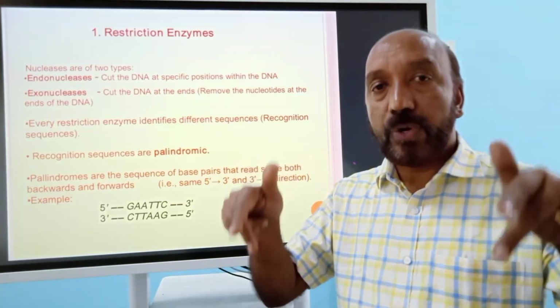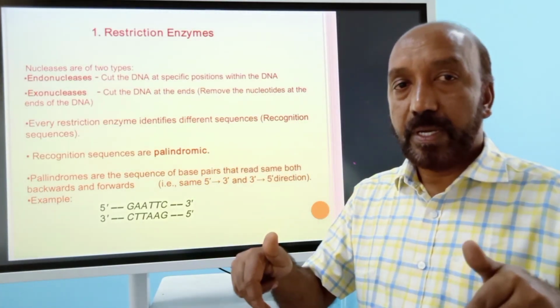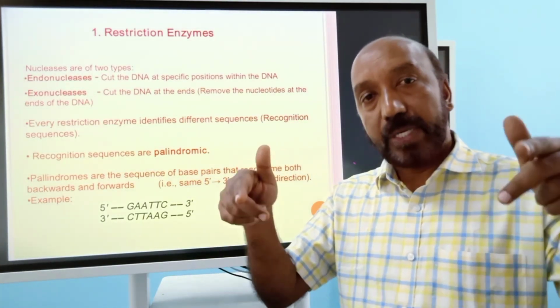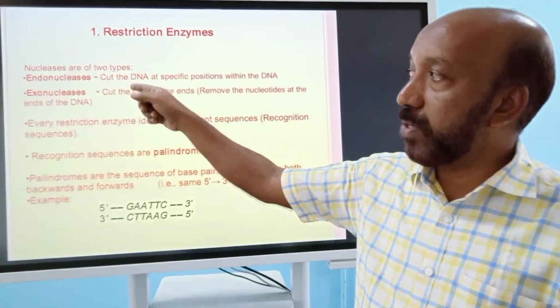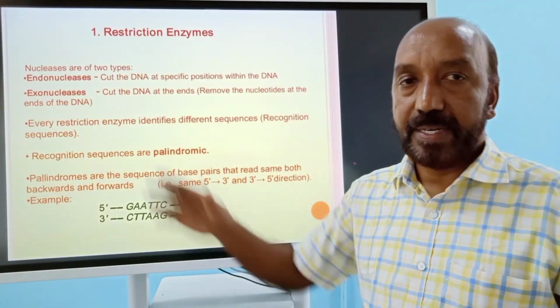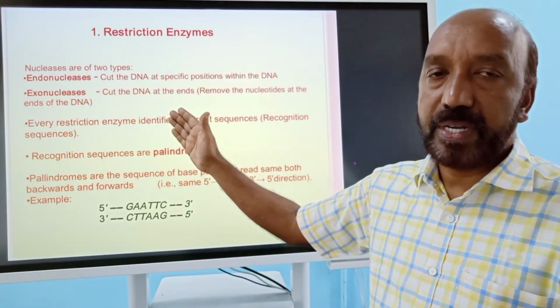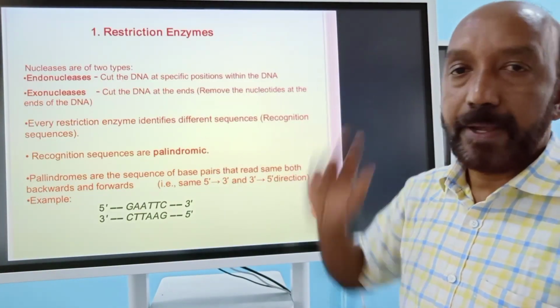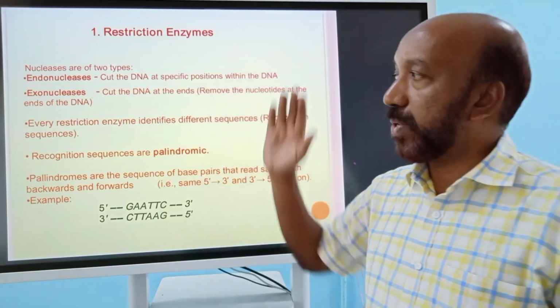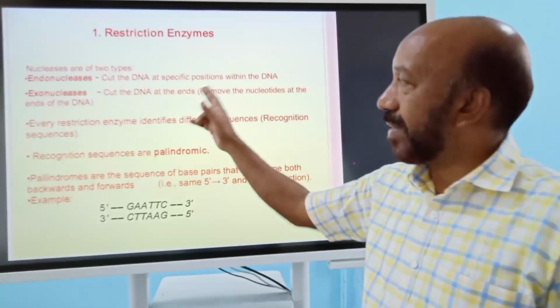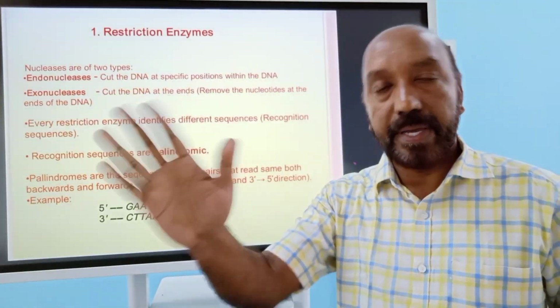Based on where they are cutting and what type of genetic material they are cutting, we can classify them as endonuclease and exonuclease. As it indicates, endonucleases are the restriction nucleases which cut within the DNA. At the same time, the exonucleases cut at the ends of that particular DNA.